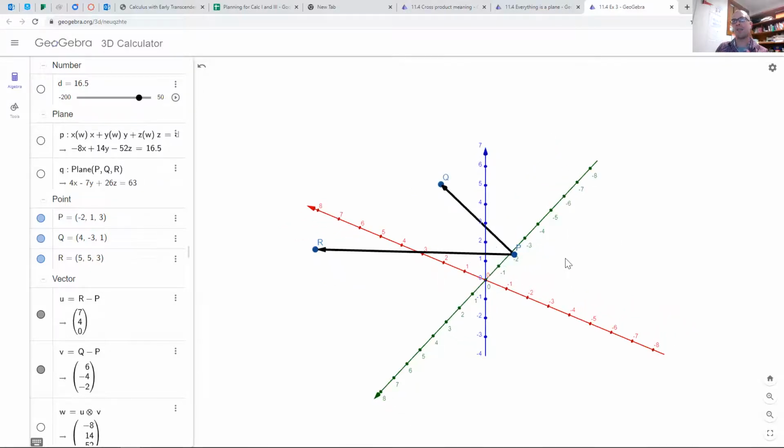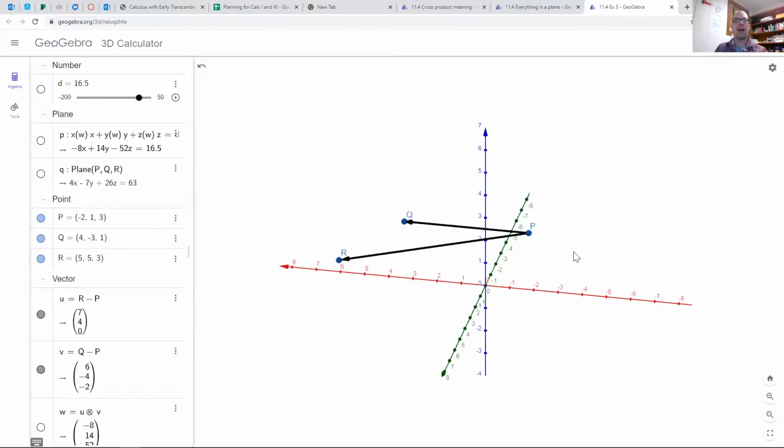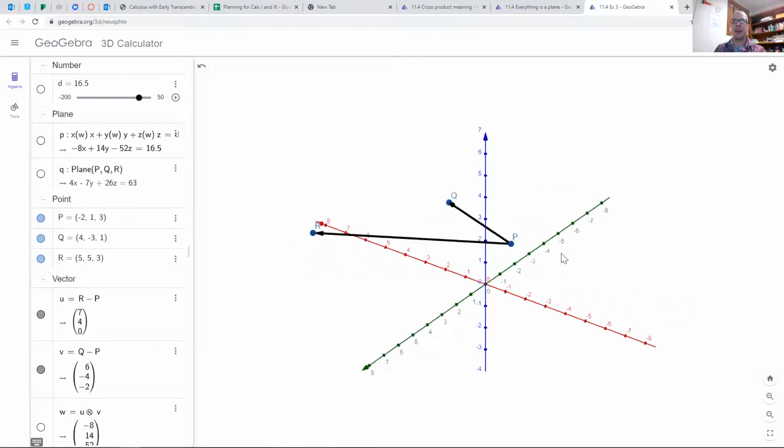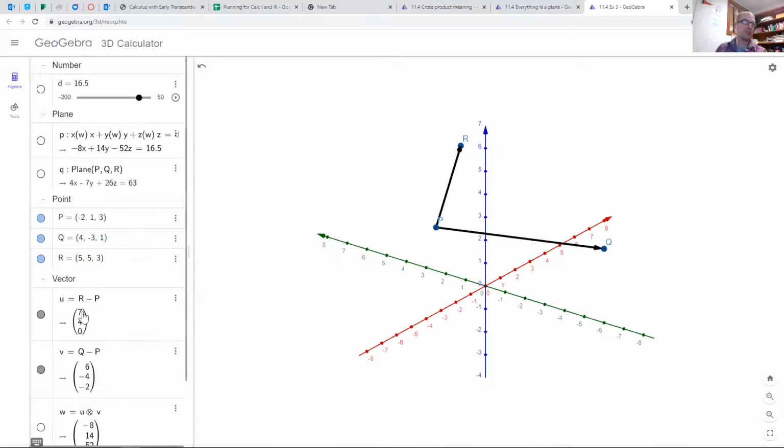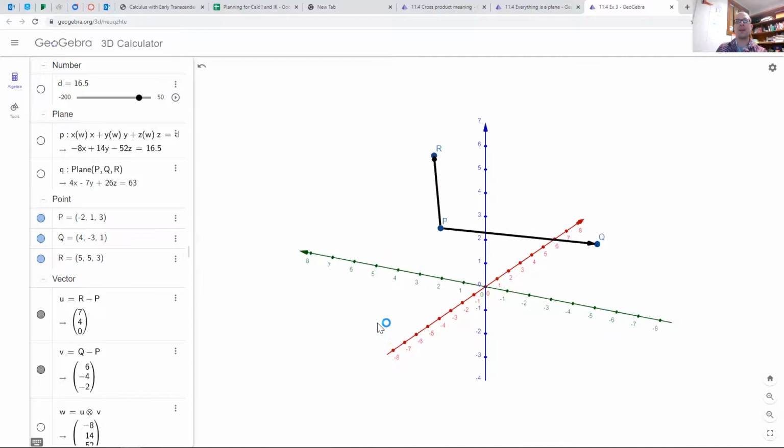So P is kind of our anchor point here. Now since we have these two vectors, 7, 4, 0 and 6, -4, -2, we can take the cross product of those.